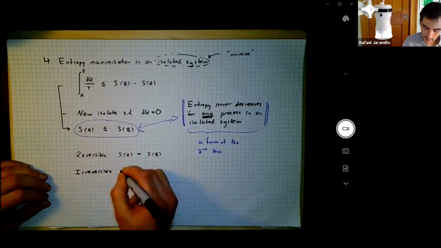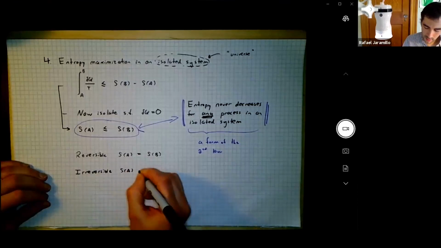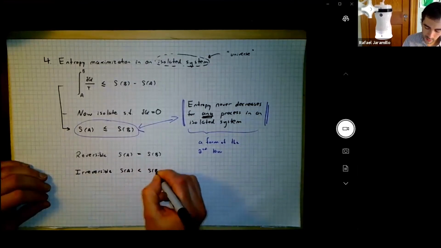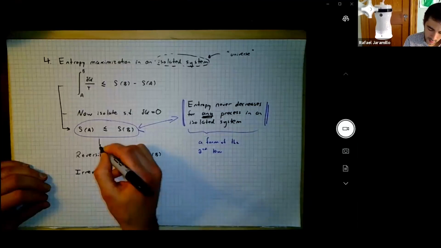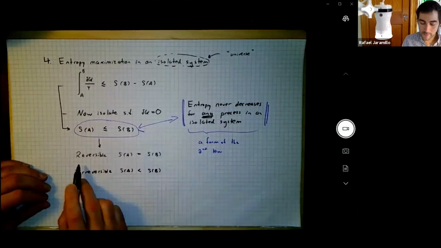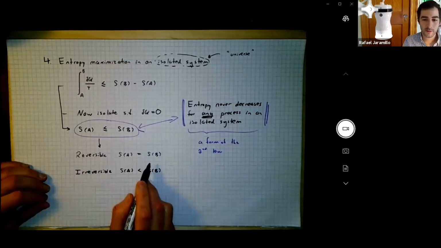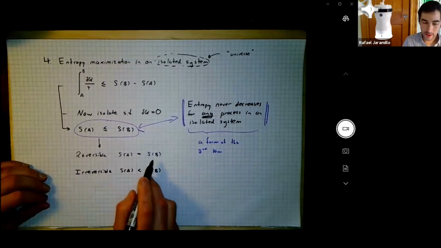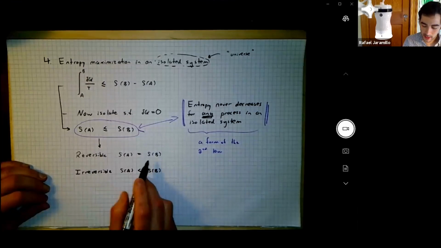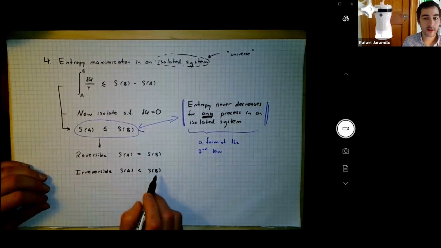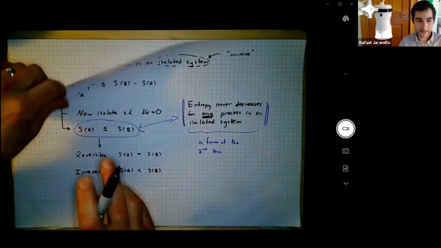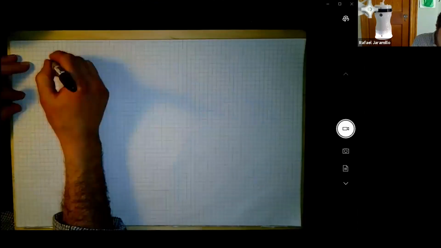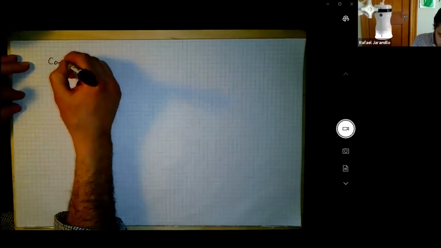S of A is less than S of B. So a reversible process is one for which things are always in equilibrium and the entropy remains the same. Any irreversible process will increase the entropy of this system. Okay. So now we get to write another form of the second law, what's called the combined statement.